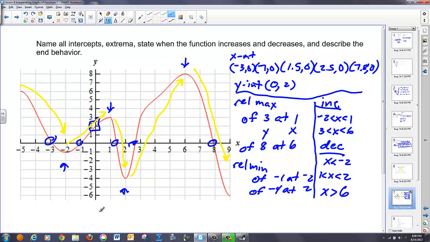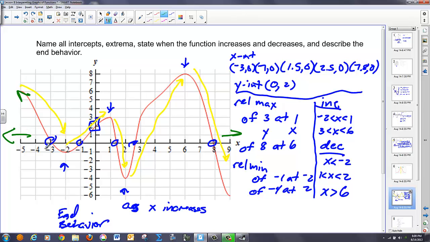Finally, let's describe the end behavior. So as x increases, so in other words, what I'm talking about is when x goes this way, that's for x increasing. And then when x decreases, I want to know what happens this way. Now this will continue to go in this direction.